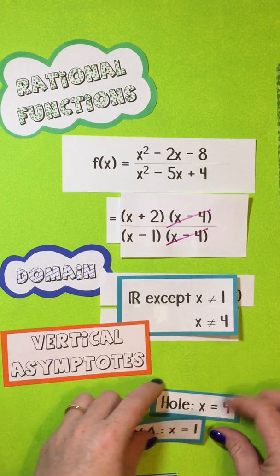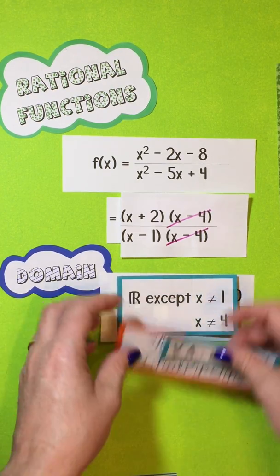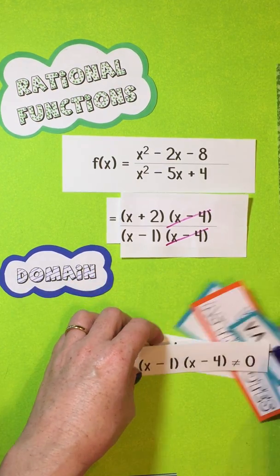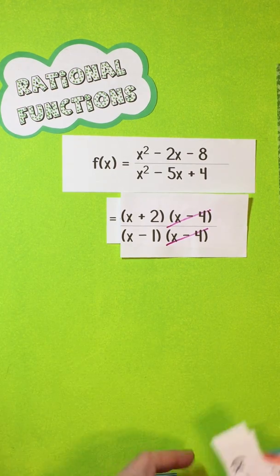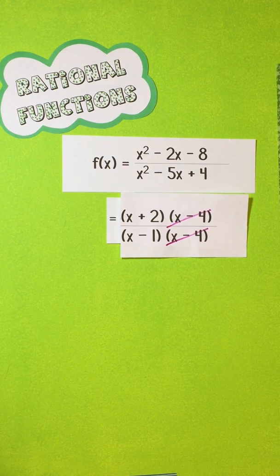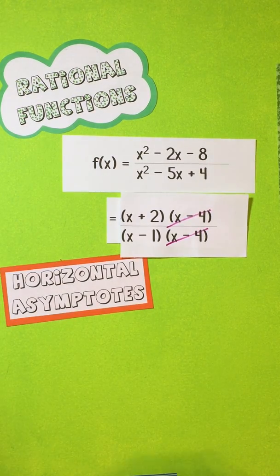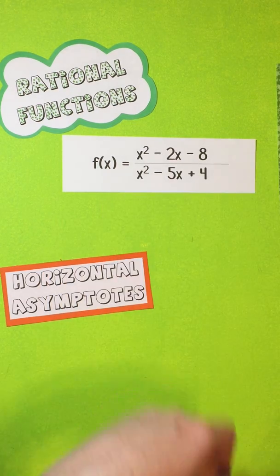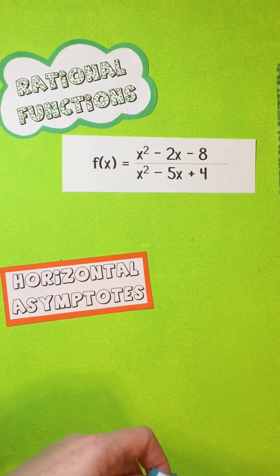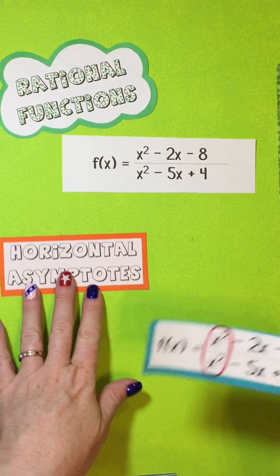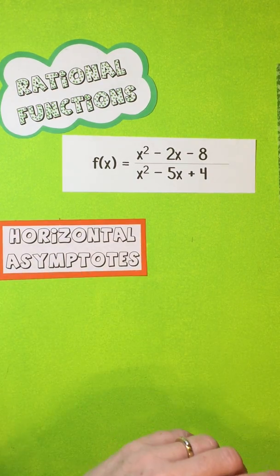So from our vertical asymptotes, let's get all this out of the way, we will take a look at our horizontal asymptote. Now when we come to look for our horizontal asymptote, this, remember, deals with the whole fraction. We're not going to actually look at the whole thing.